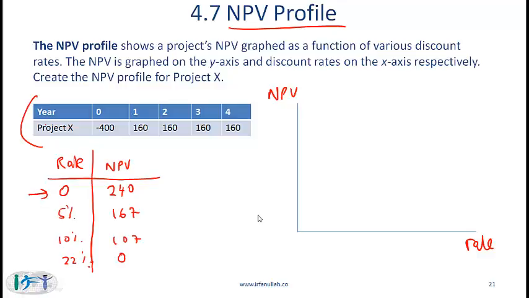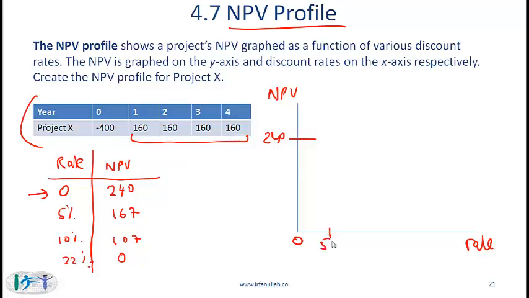At a rate of 0%, the NPV is simply based on the undiscounted cash flows. So the NPV should be 240. If you add up all these numbers and subtract 400, you should get 240. If you plug in a rate of 5% and compute the NPV, and you should be doing this using the calculator, you should get 167.